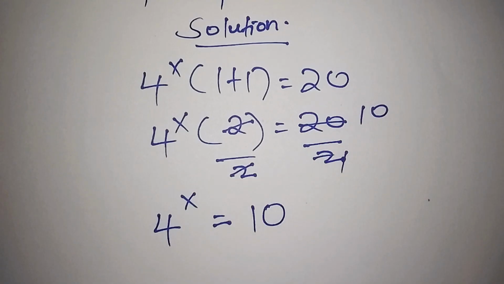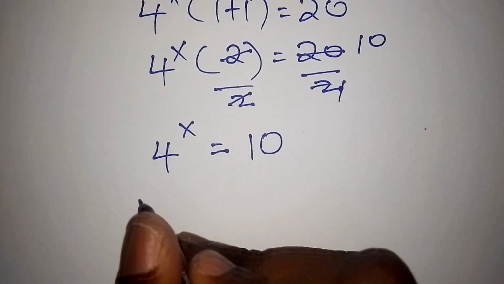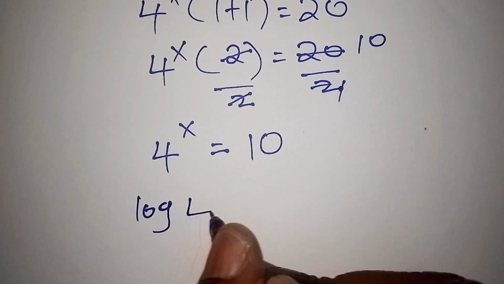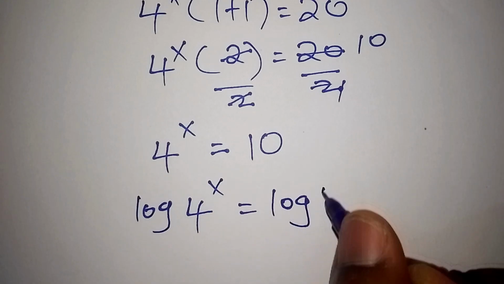For us to work this maths problem very fast, we shall have to introduce what is called the log on both sides. So here we shall have the log of 4 to the power of x is equal to the log of 10.